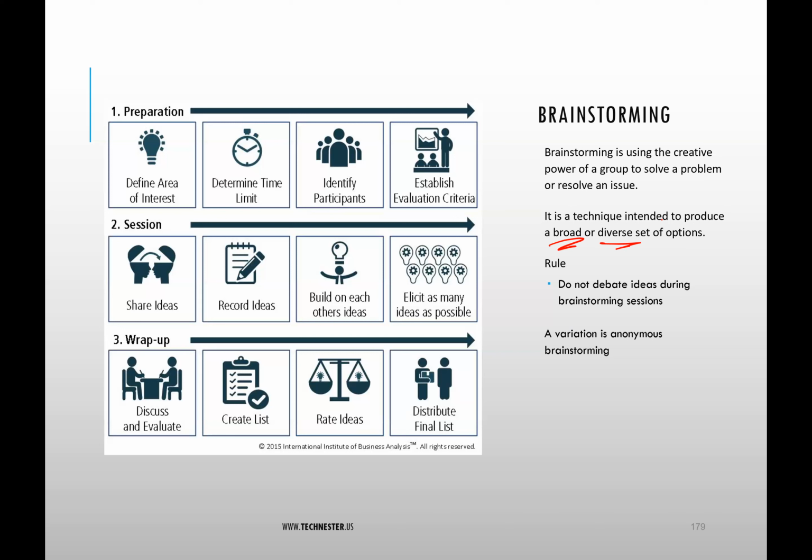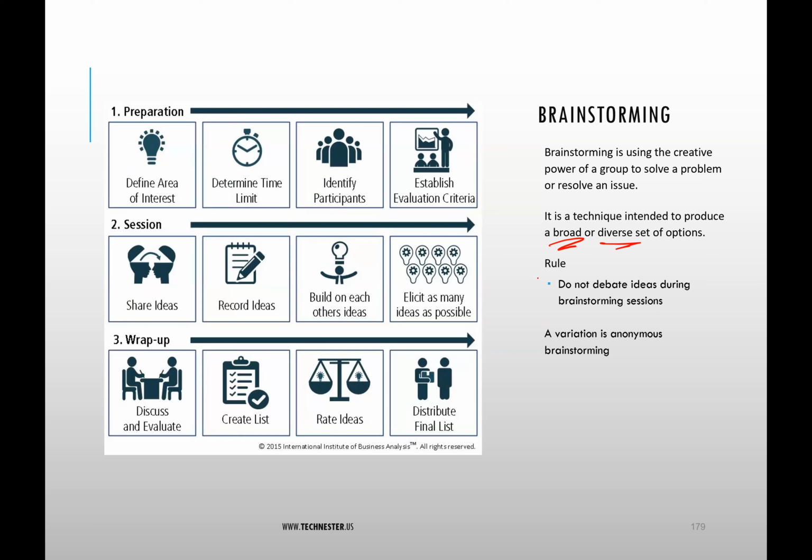You are brainstorming because you want to get plenty of ideas, different types. Again, because you have different people in the brainstorming session, different stakeholders who have different experiences, different exposures, different knowledge sets and skill sets. So you are brainstorming because you want to generate broad and diverse sets of options.